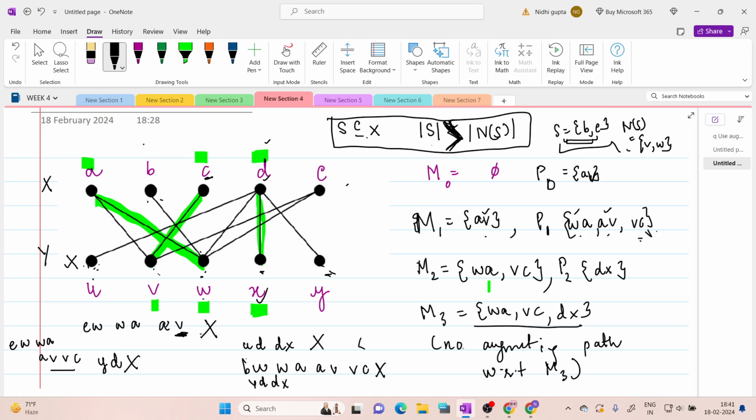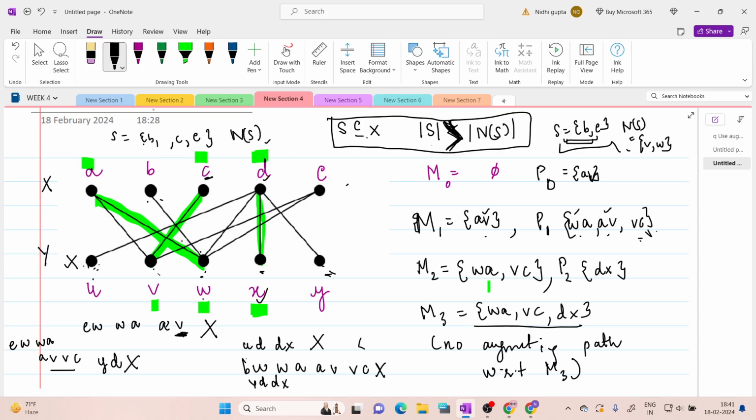Ma'am, if we take S as B and C, the neighbors are more. If you take S equal to B, C, E, then what are the neighbors of B, C, E?